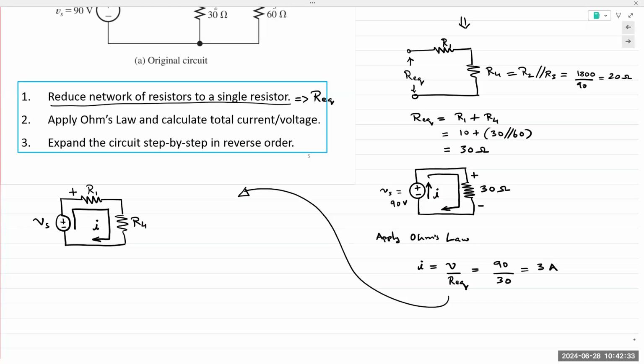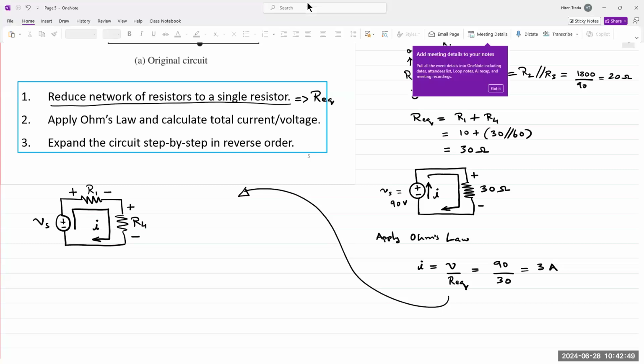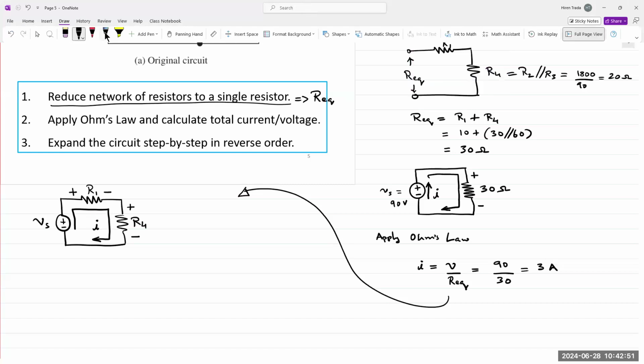I can state R1 has plus on the left, minus on the right, and R4 also has plus up top and minus at the bottom. Okay. Think on that. Let me know if you have any questions.